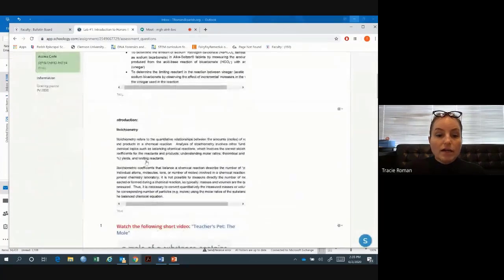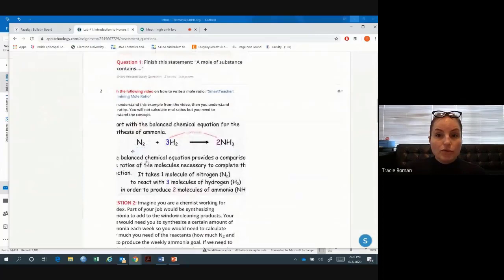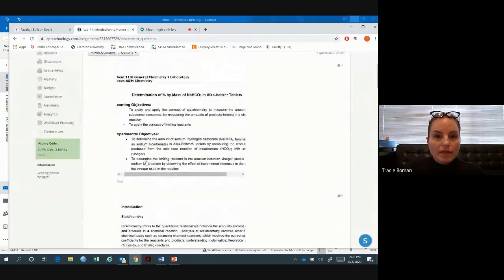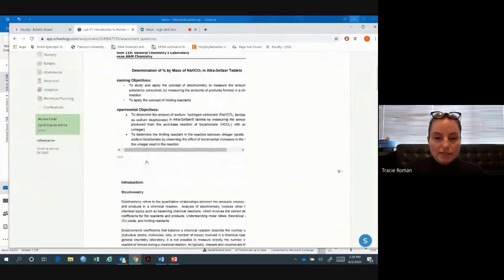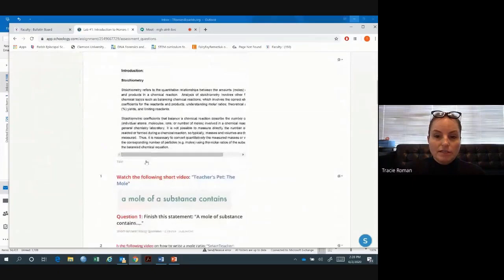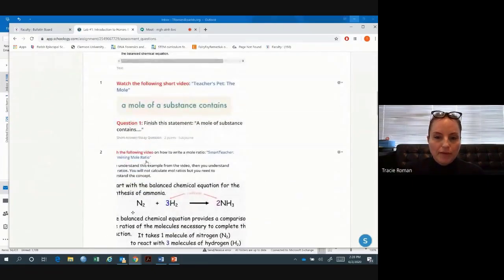So if we go over to the actual lab itself, here are the steps and instructions for the lab. You will notice, because this is a freshman college chemistry lab, we're doing part of it, not the whole thing.